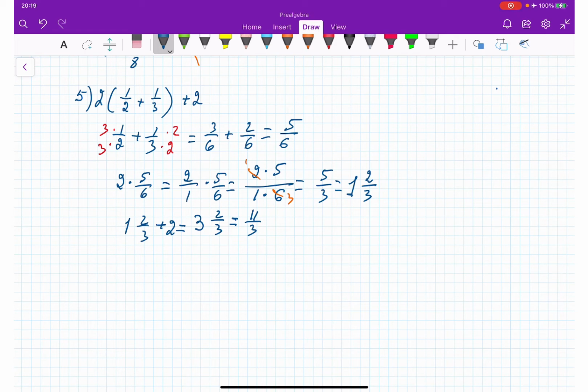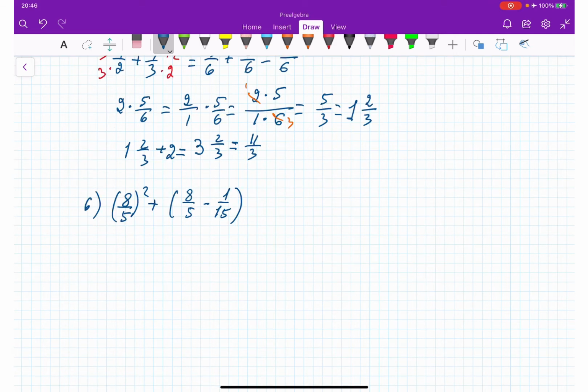Question number 6. What do we have? 8 over 5 squared plus 8 over 5 minus 1 over 15.